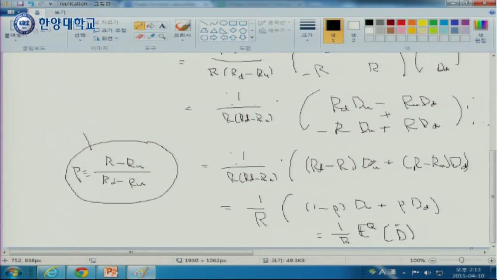In the end, what I'm trying to say is that when we do derivative pricing, we imagine that we are living in a risk-free world.